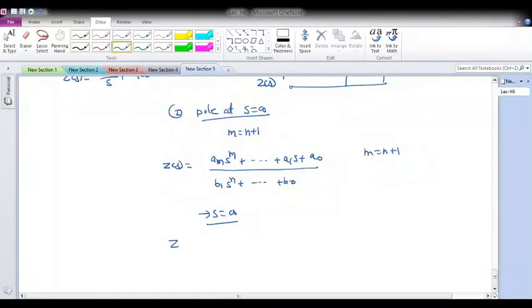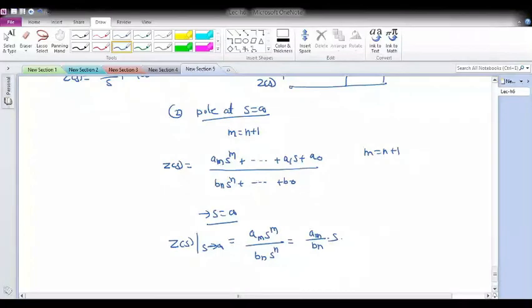Okay, and this is basically what I have to write, so for that I have to find the residue. So what is the pole at s tends to infinity? For that you have to take the highest power of s from the numerator, that is am s raised to m, and the highest coefficient from the highest power of the denominator, bn s raised to n, and m is greater by 1, so it will be am upon bn into s.